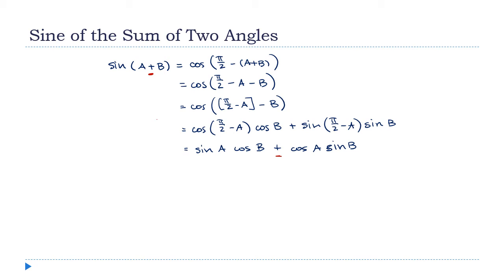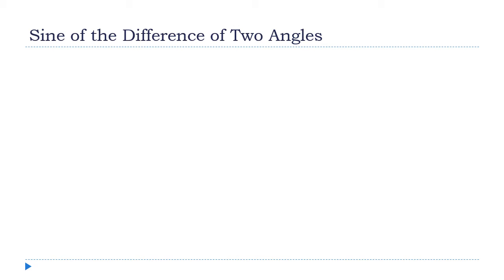Well, we won't take a step back, but we'll actually do some calculations with these formulas. All right, so the next one, sine of the difference. Well, look, I'm going to use the exact same maneuver I used before. The sine of A minus B is the sine of A plus (minus B).